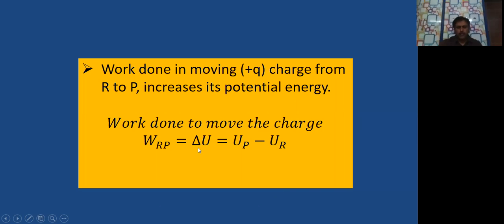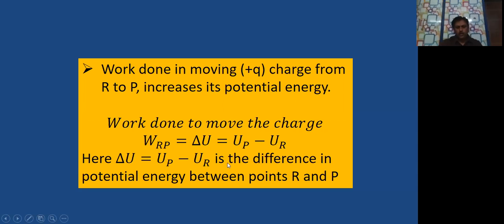So these are familiar symbols to all of you. Yes or not? Here delta U denotes the increase in the potential energy. UP is the potential energy at the point P. UR is the potential energy at the point R. So here delta U is UP minus UR, the difference in the potential energy between points R and P. So here UP minus UR, minus sign always means what?